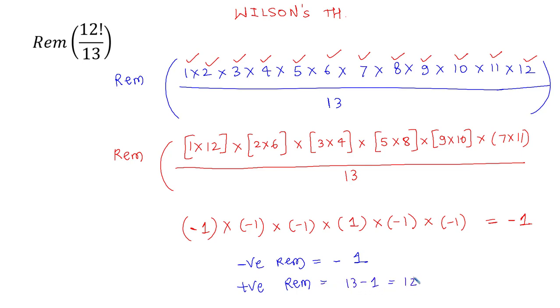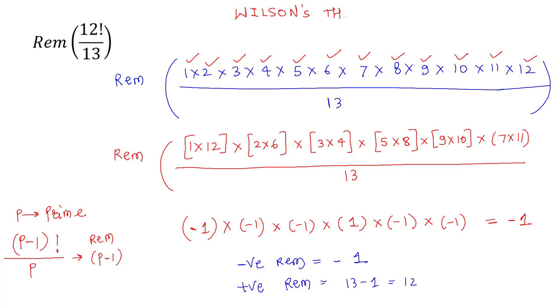So this method will always work when the denominator is a prime number and the numerator is the factorial of 1 less than that prime number. From this we can derive one rule. The rule is: if p is a prime number, then p minus 1 factorial divided by p, the remainder is always going to be p minus 1.